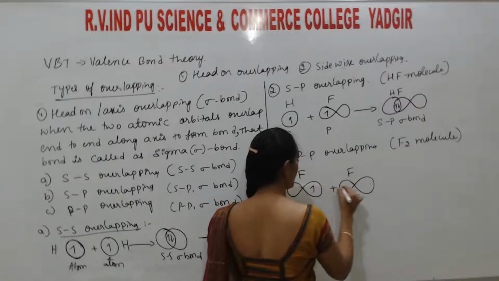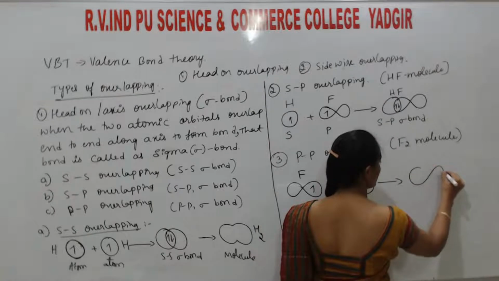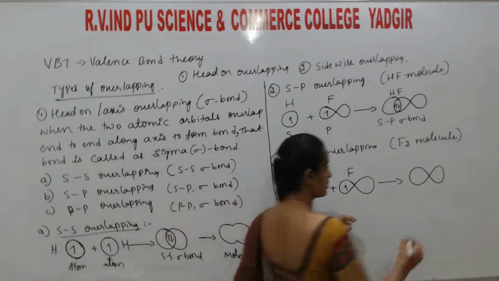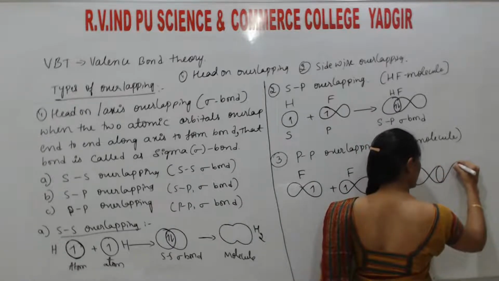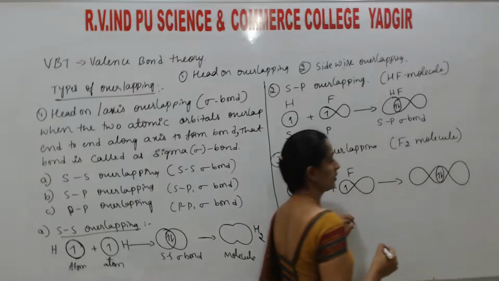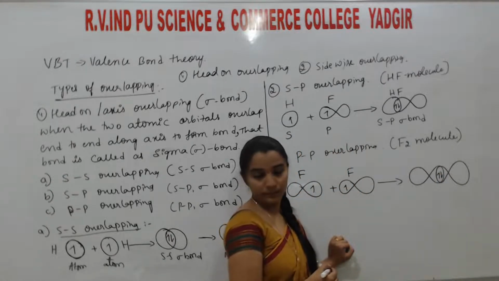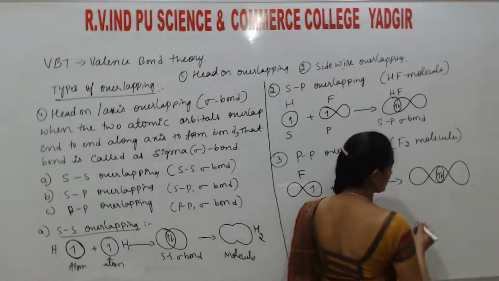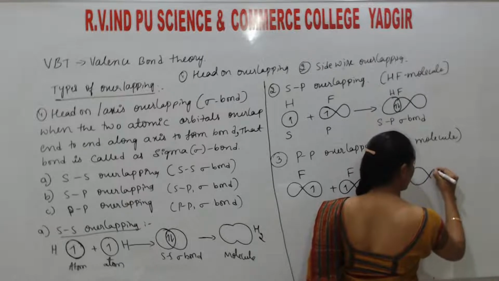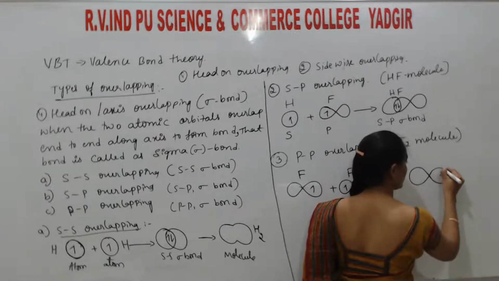This has an electron here, this has an electron here. After the bond formation, they become like this. This is PP sigma bond. Are you getting? We will write it clearly. One electron is here.